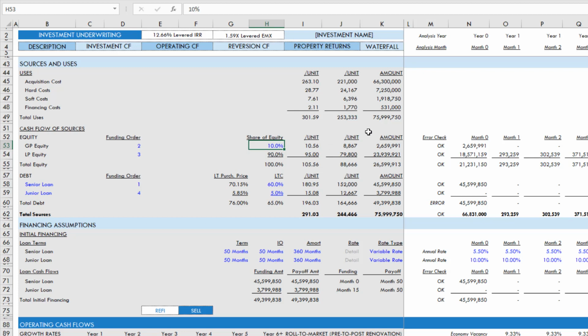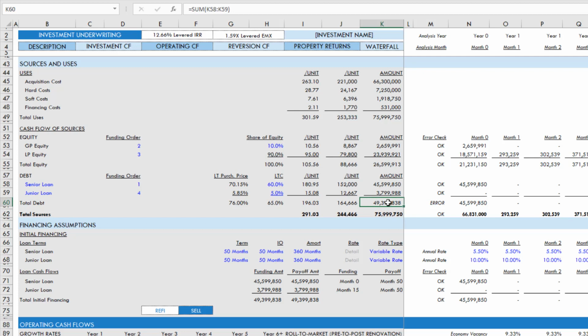And then based on these blue font cells, those assumptions, we have the GP equity required amount, LP equity, and the total equity.